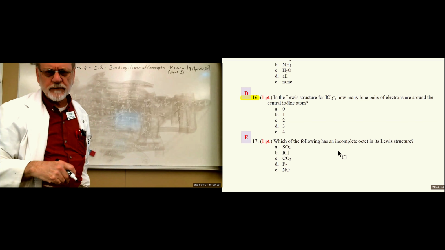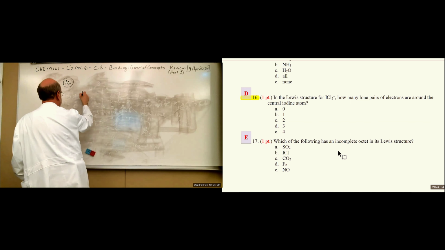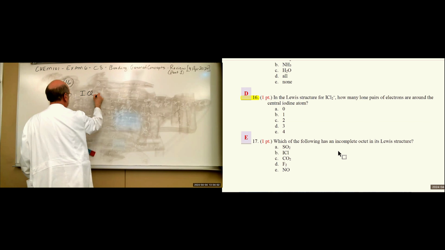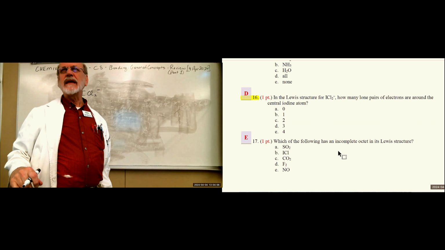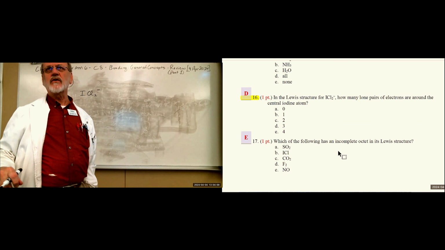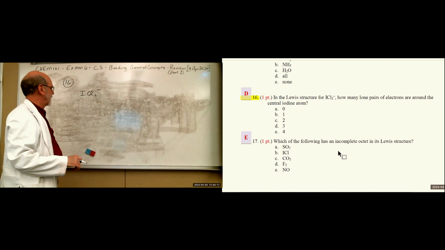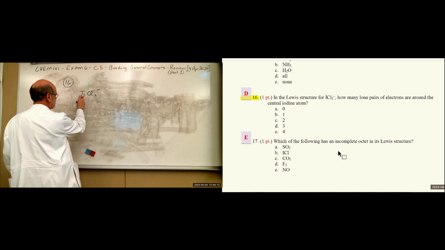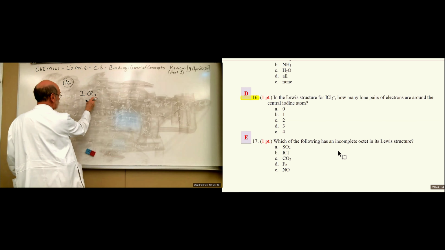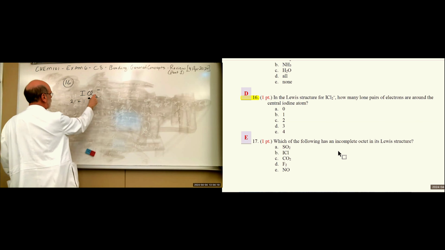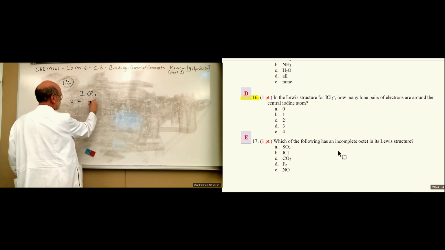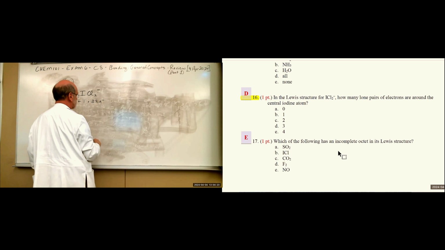In the Lewis structure for ICl2 minus. Okay. How many lone pairs of electrons are around the central iodine atom? All right, so we've got 1, 2, 3 halogens. 3 times 7 is 21, plus 1 for the charge. So we have 22 electrons that have to be placed.